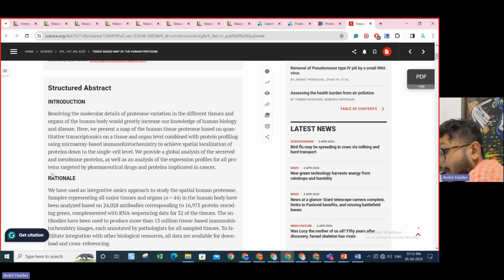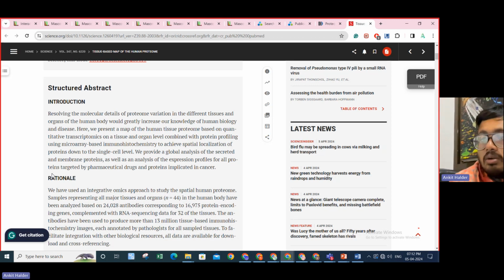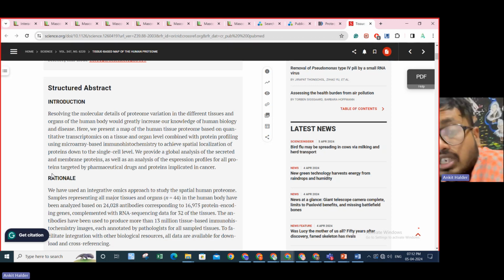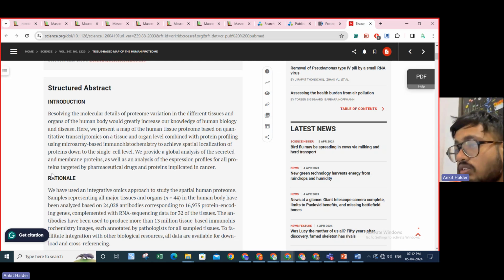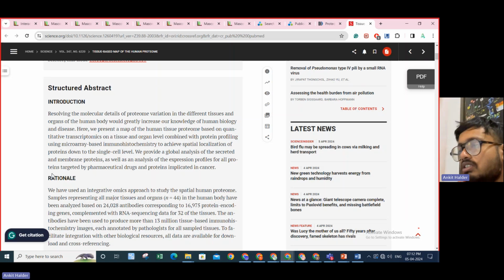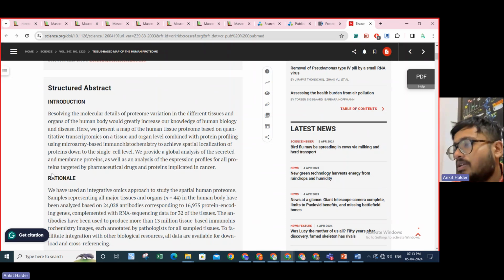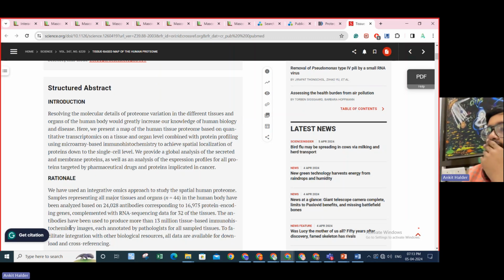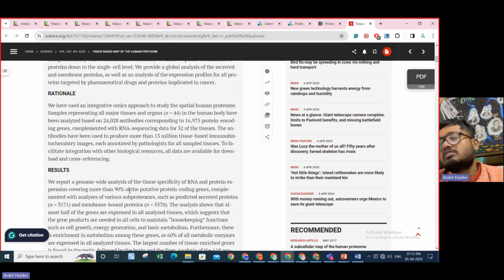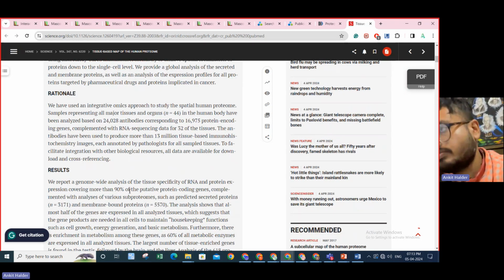This is the antibody-based strategy that has been used, corresponding to 16,975 protein-encoding genes, complemented with RNA sequencing data for 32 of the tissues. The antibodies have been used to produce more than 13 million tissue-based immunohistochemistry images, each annotated by pathologists for all the sampled tissues, to facilitate integration with other biological resources, and are available for download and cross-referencing.